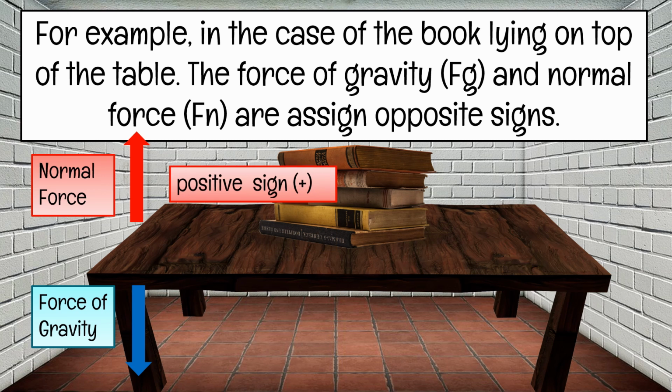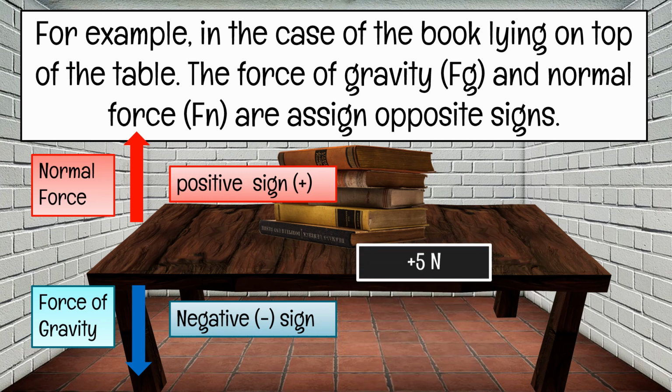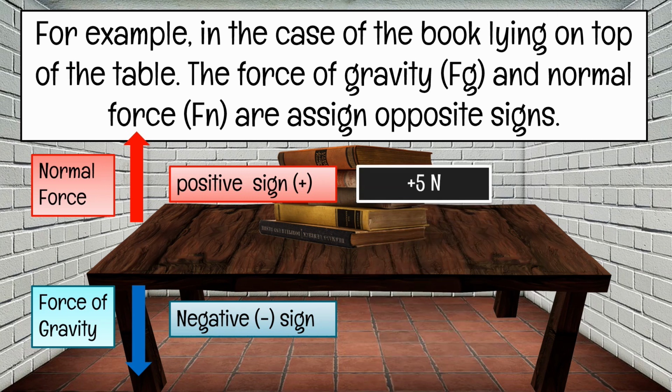The positive sign is for normal force, while the negative sign is for the force of gravity. So for example, we have the force of 5 newtons. So ang magiging value ng normal force ay positive 5 newtons at ang magiging value naman ng force of gravity ay negative 5 newtons.